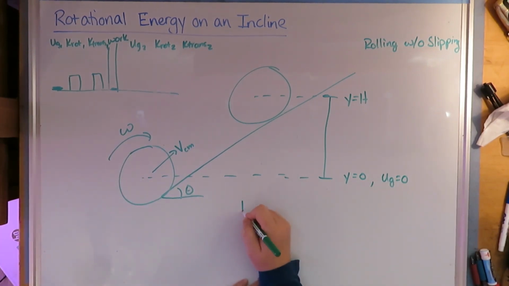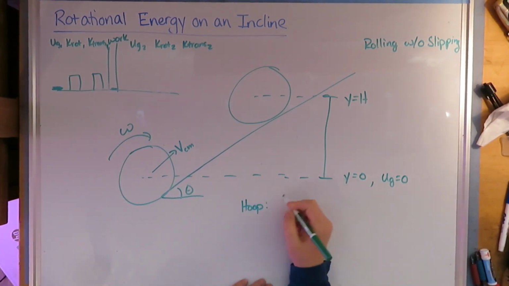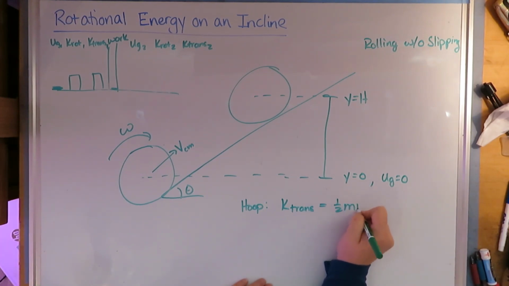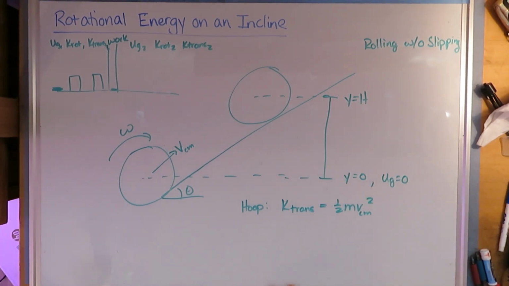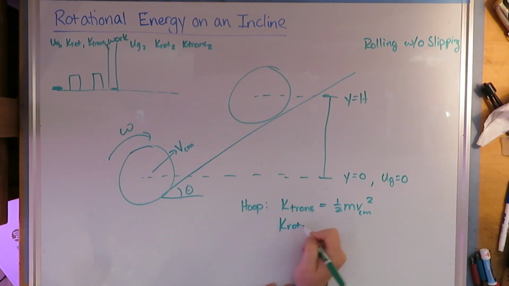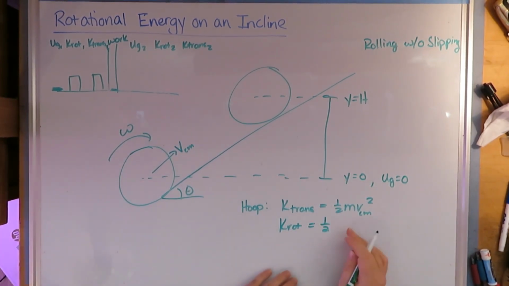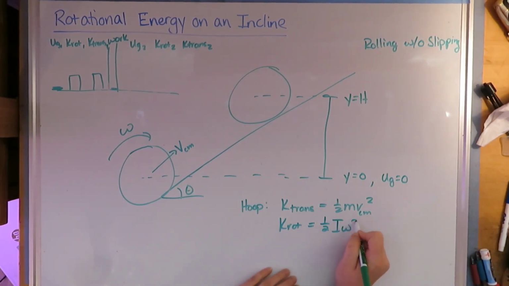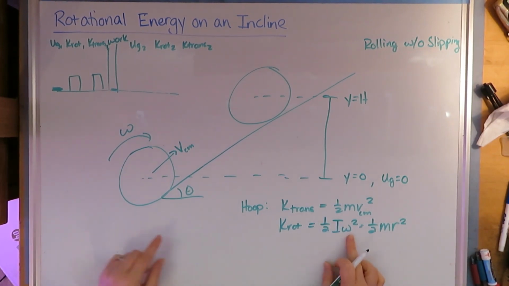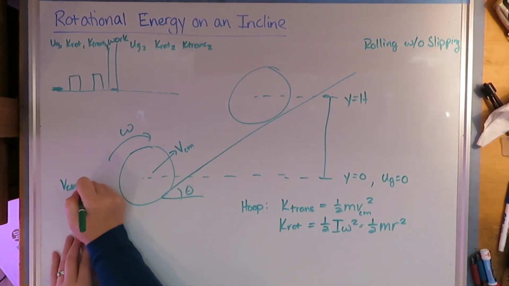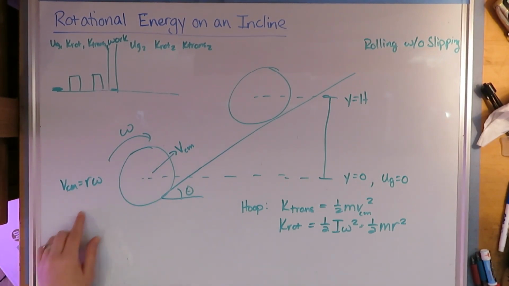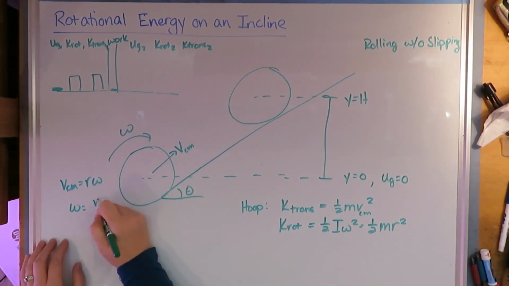For example, if this was a hoop, then at the start I'd have translational kinetic energy equal to 1/2 m v squared, where v is the velocity of the center of mass. Then I would have rotational kinetic energy equal to 1/2 I omega squared, and for a hoop, I is m r squared. We can always represent the velocity of the center of mass as r omega, so omega equals v CM over r.